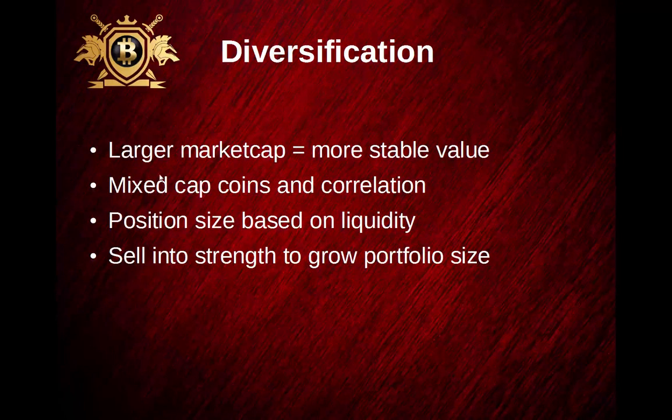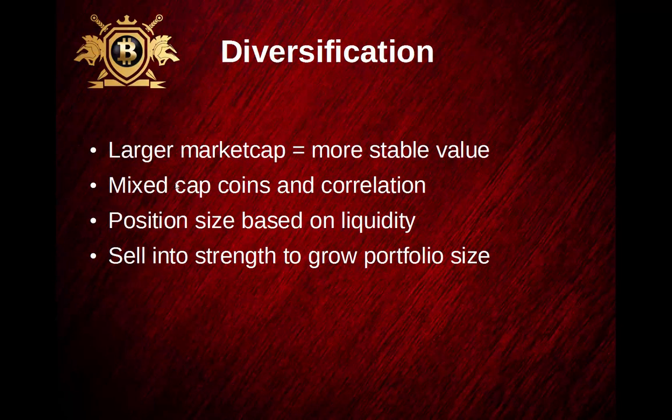So you want to have mixed market caps and correlations. So have some that are inversely correlated, and you can use that tool that I showed to be able to look at correlation. Ones that are correlated together, and then ones that are non-correlated together.